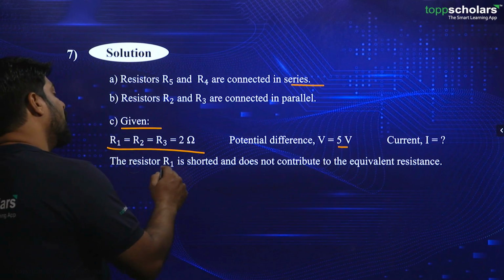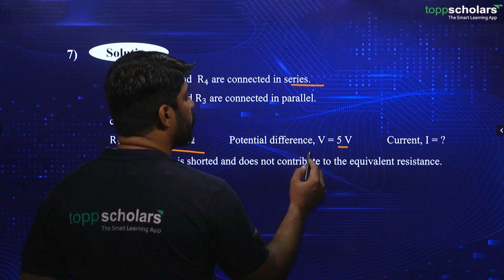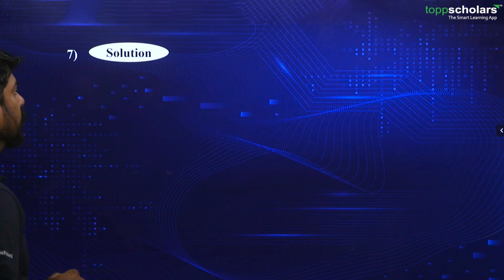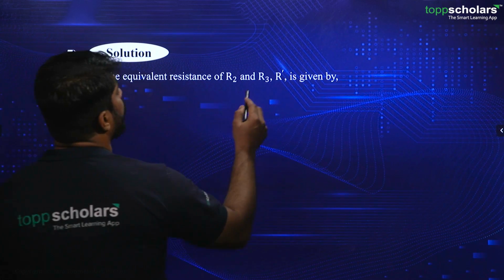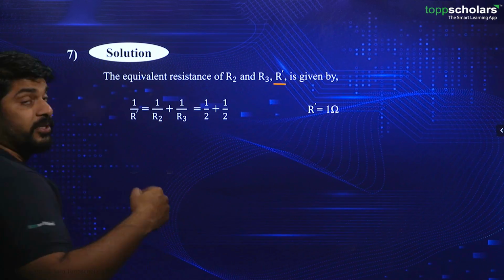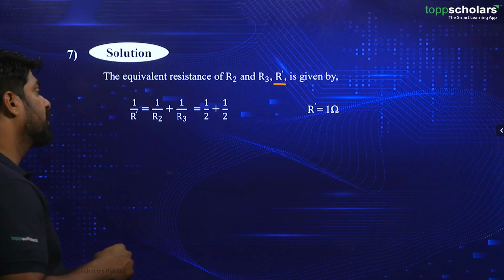First of all, the resistor R1 is shorted and does not contribute to the equivalent resistance, right? Then the equivalent resistance of R2 and R3, that is R dash, is given by, since R2 and R3 are in parallel, this formula which is for parallel connection.